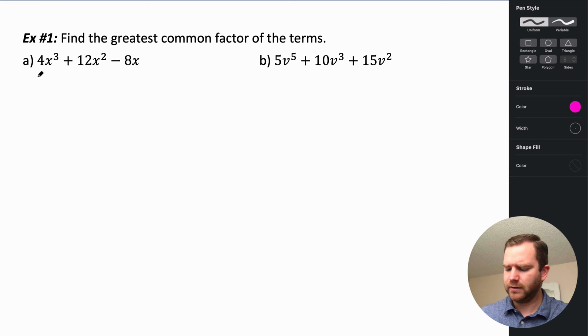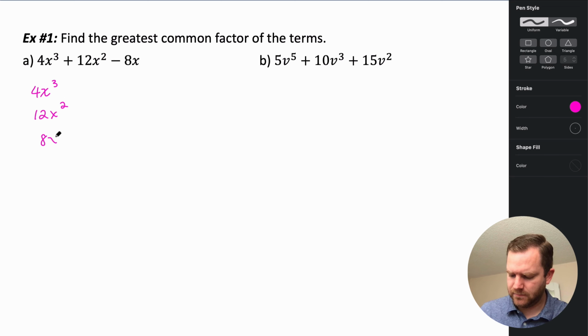So for the first one, let's take a look at breaking it down completely. I'm going to look at each term individually, and we're going to ignore the signs for right now. We're just going to deal with them as the terms without their signs. So 4x cubed.